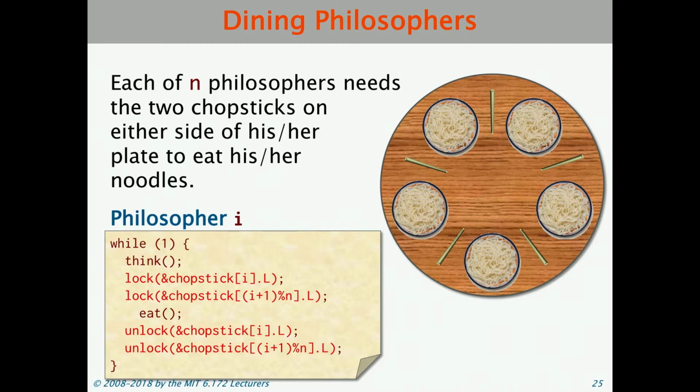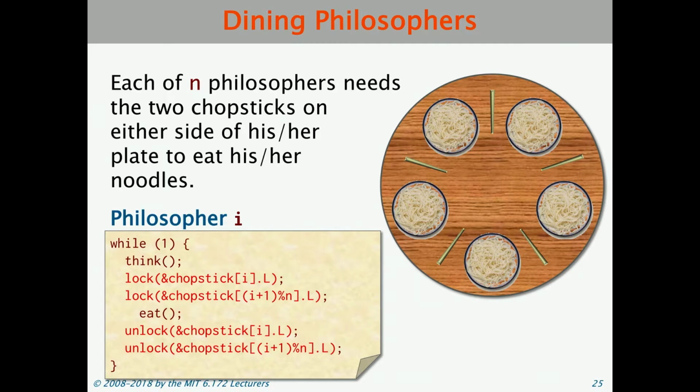And so here's the code for philosopher I. He's a philosopher, so he starts by thinking for a while, okay? And then he gets hungry. He or she gets hungry. So the philosopher grabs the chopstick on the left, and then grabs the one on the right, which is I plus 1, but it has to do that mod N, because if it's the last one, you have to go around and grab the first one.